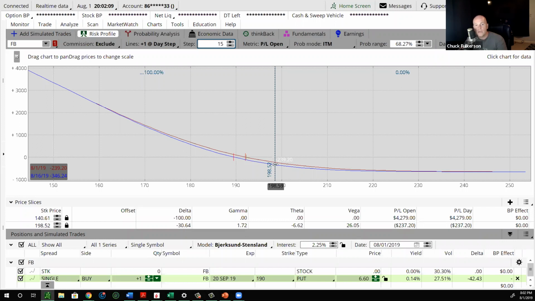I'm losing $346 in the position. So if I do 2 contracts, I'd be losing $700 in the position at my stop loss point. Now, where am I getting that number? I'm getting that number from this area right over here.